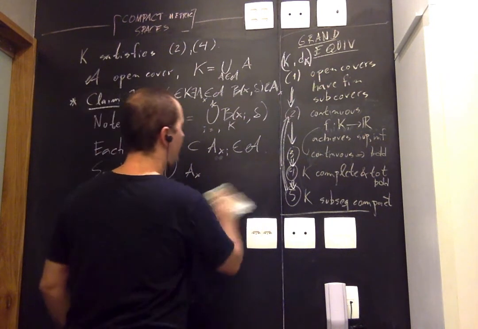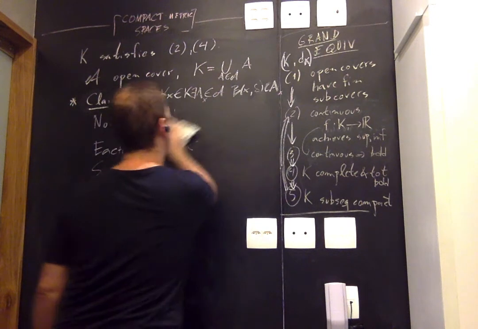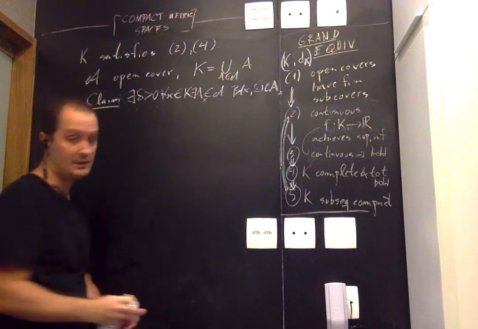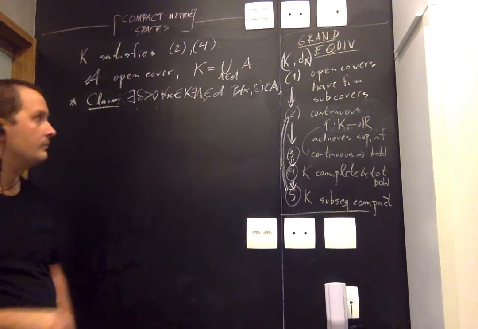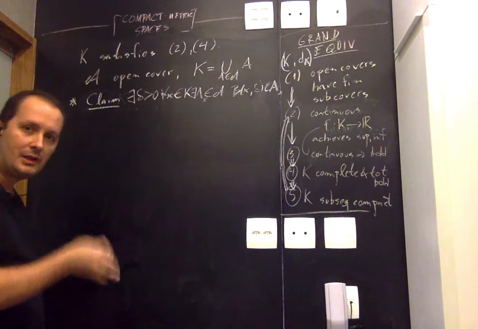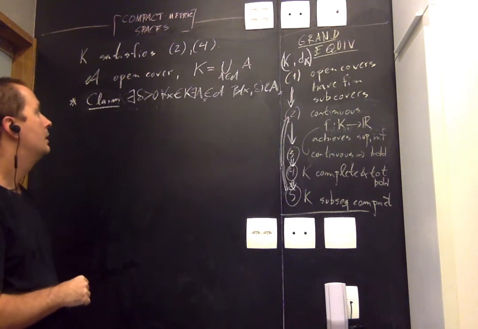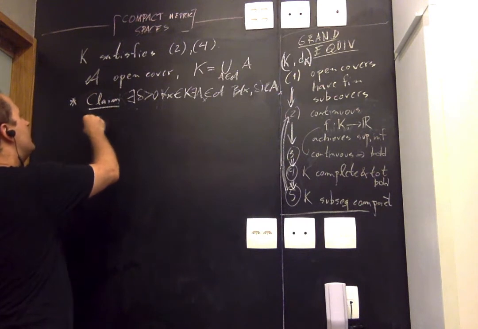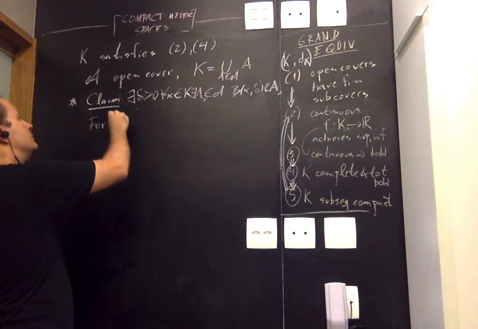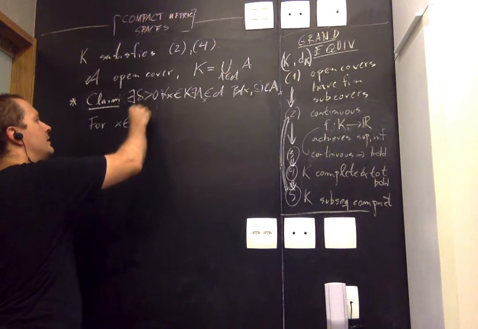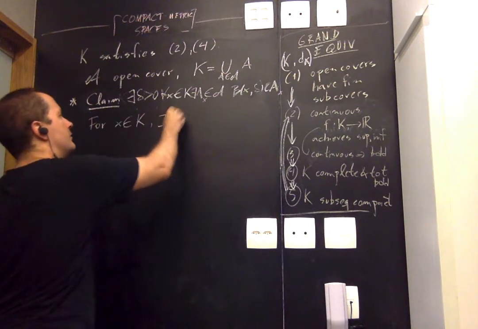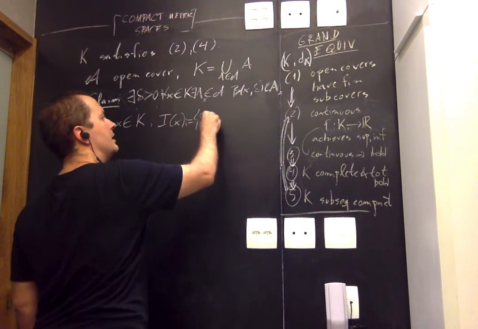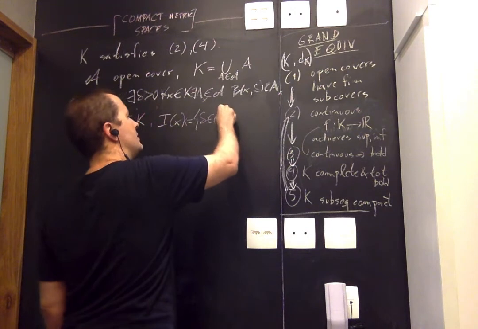The claim might seem hard to prove, though. So how do we find this largest radius? In fact, that's precisely how we're going to define things. I want to prove the claim now because the claim implies the theorem. How do we find delta? For x in K, I define the set I of x as the set of all deltas, say between 0 and 1.